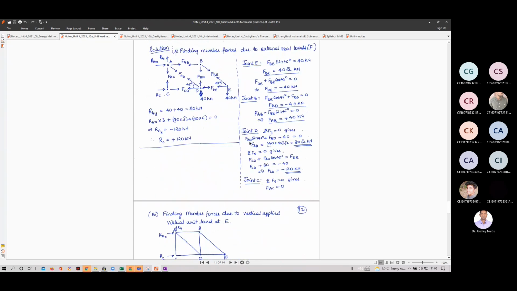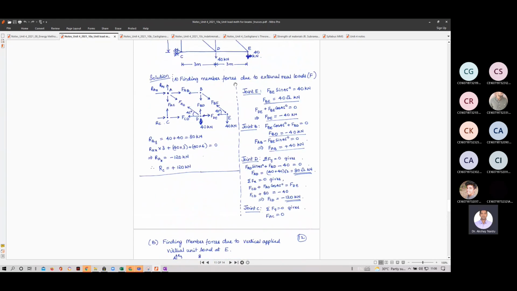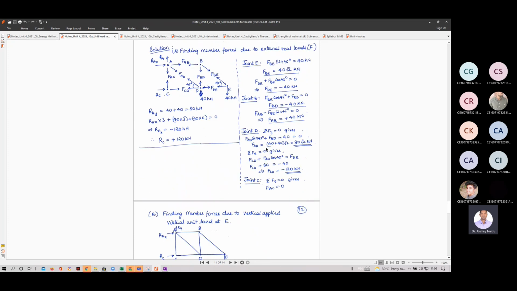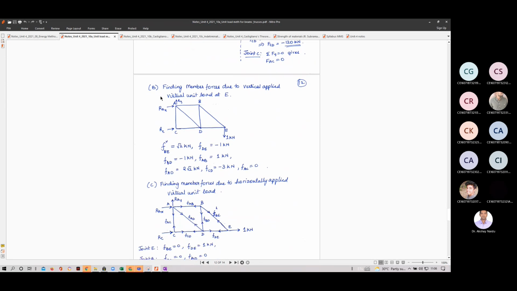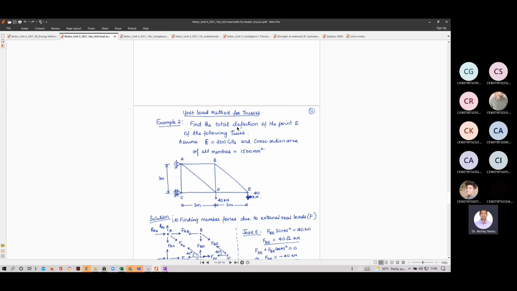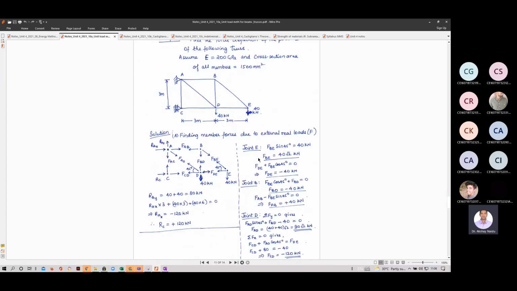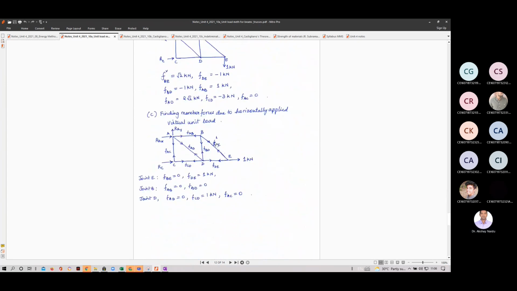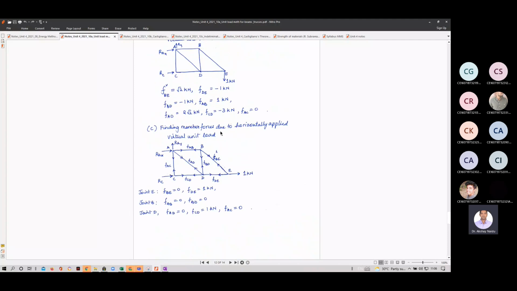Okay, first find the member forces due to external real loads. All the F's, capital F's, we have found. Next, due to the virtual unit load at E, because at E I have to find the deflection. So I apply it. And then he is asked for the total deflection of E. So I apply the horizontal load also. I find this.